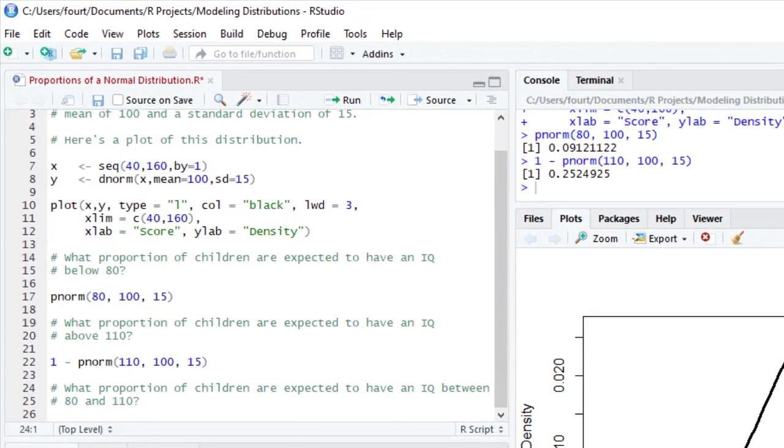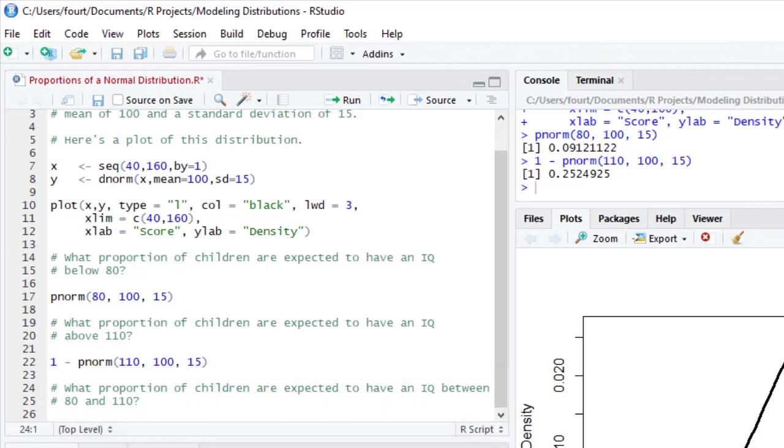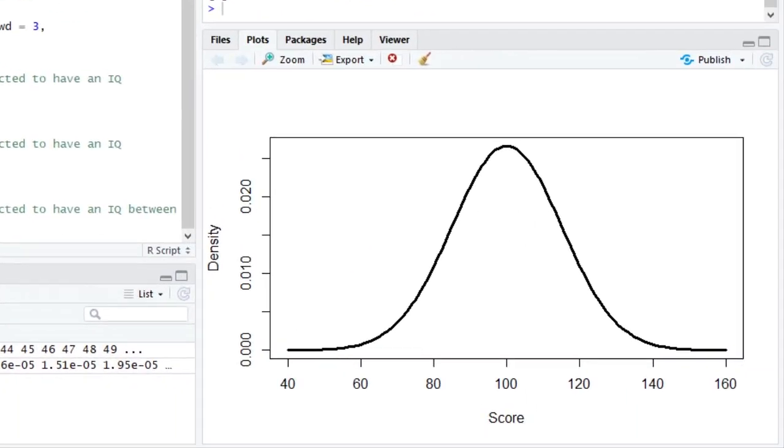Here's one more challenge question. What proportion of children are expected to have an IQ between 80 and 110? Let's draw the picture. Does this help? Can you suggest a formula? Need a hint?